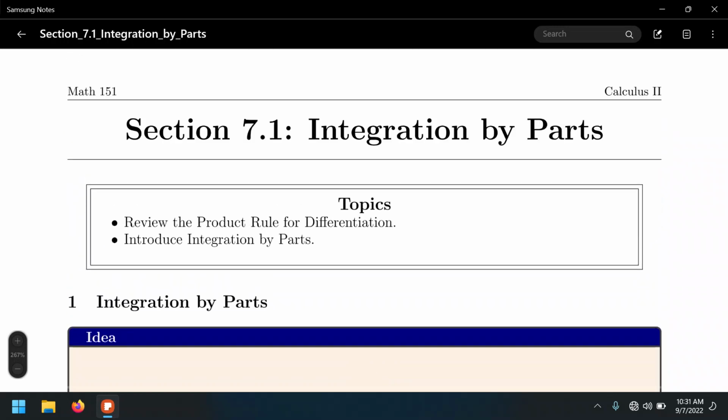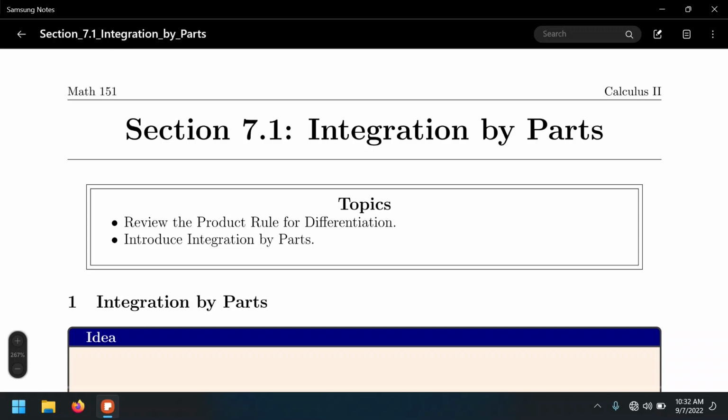In Calc 1, you finish the course by getting into basic integration: the general power rule, some basic integration formulas like the exponential, the trigonometric ones, maybe some integrals that give rise to inverse trigonometric functions. But those are really not methods, those are just formulas. Here we will discuss the methods of integration.